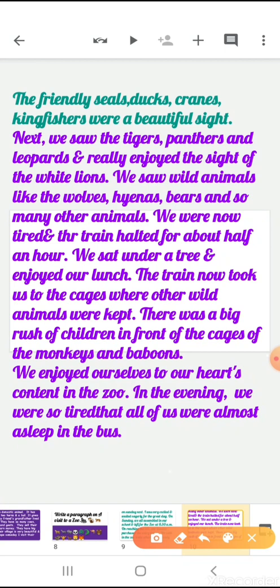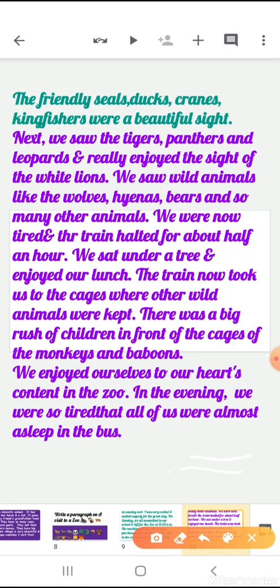Next, we saw tigers, panthers, and leopards and really enjoyed the sight of the white lions. We saw wild animals like wolves, hyenas, bears, and so many other animals.